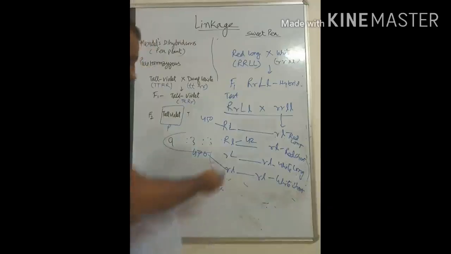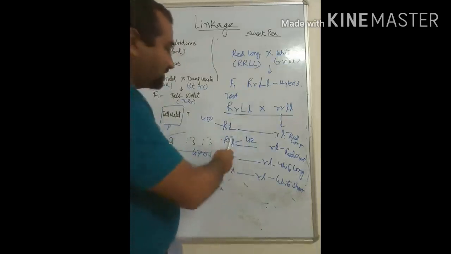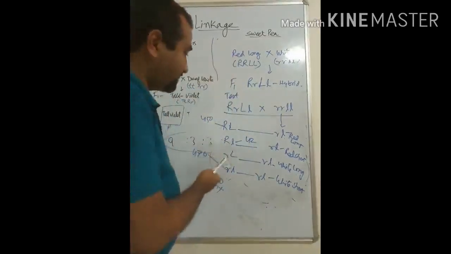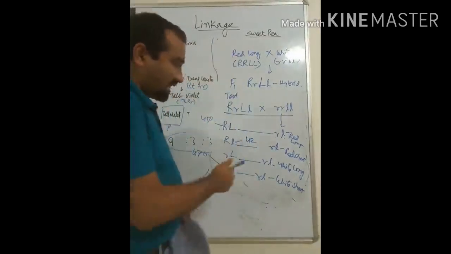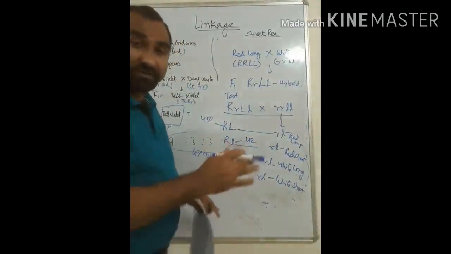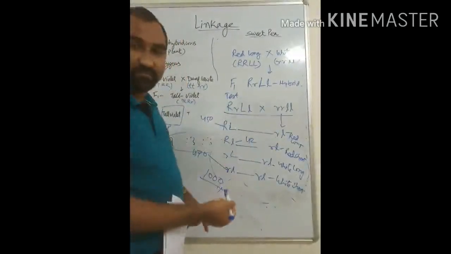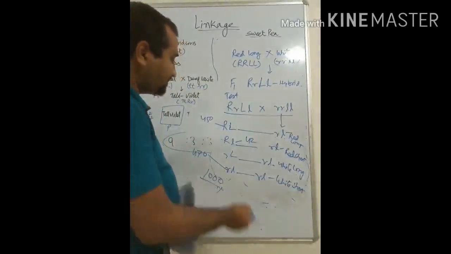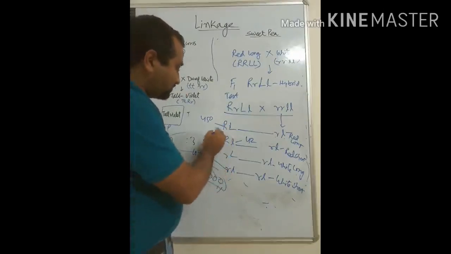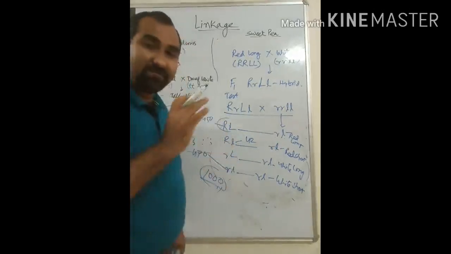In a test cross, every phenotype must have an equal opportunity of being produced, so out of 1000 we expect 250 of each.